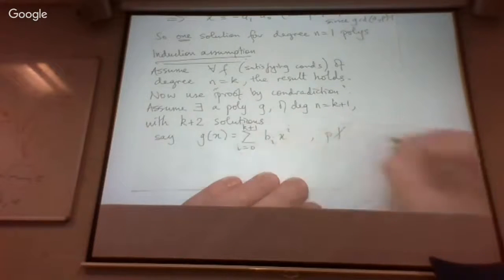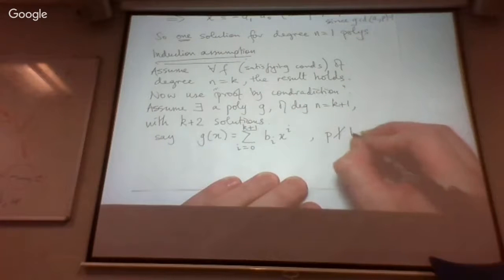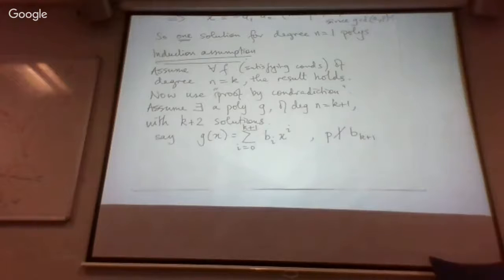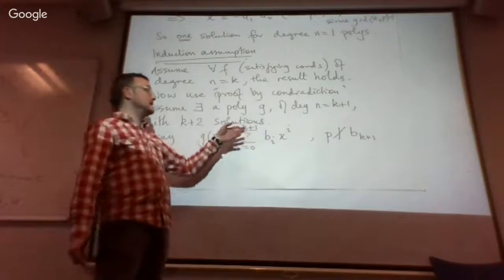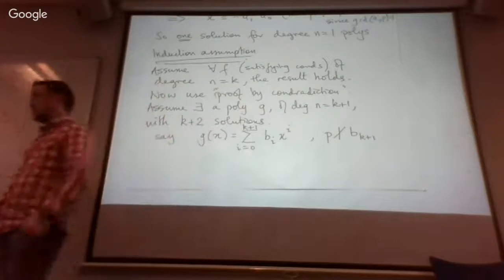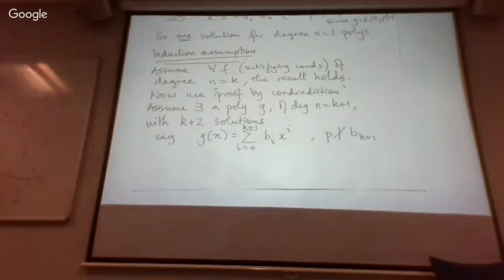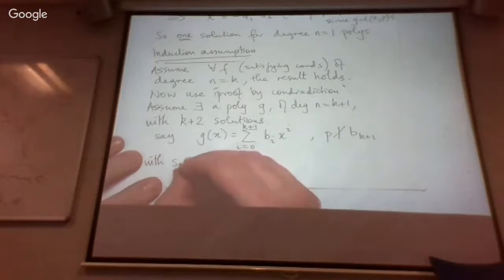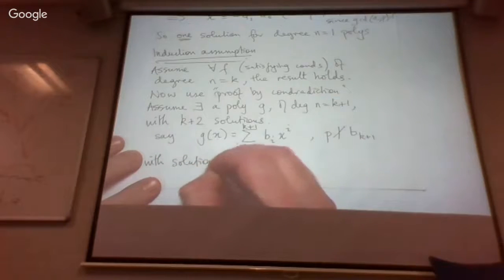Now it must satisfy the conditions of the theorem. So p must not divide the leading coefficient b_{k+1}, so it must be genuinely of degree k plus 1 modulo p. And it has too many solutions. We want to give names to these solutions, to bring them to hand. So let's introduce them.